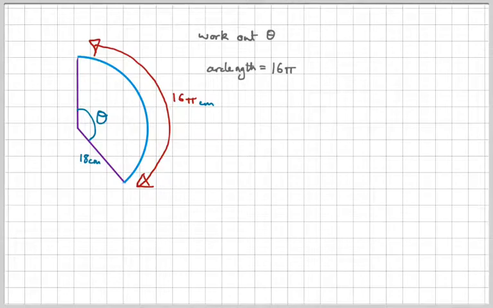But we know a formula for the arc length from the other page. It's some fraction of the circle, theta over 360, times the circumference, 2 pi r. In this case, r is 18, so it's 2 times 18, 36 pi.